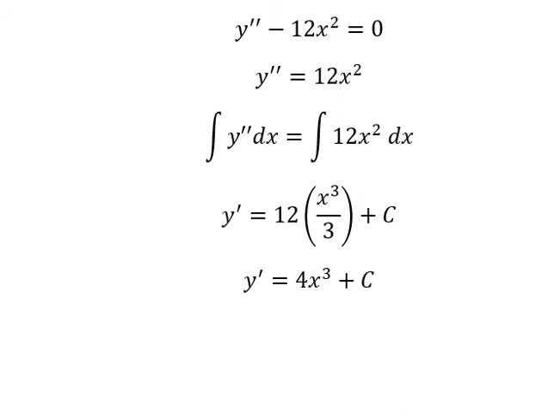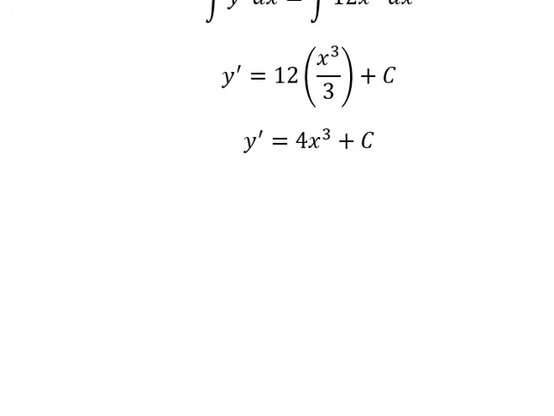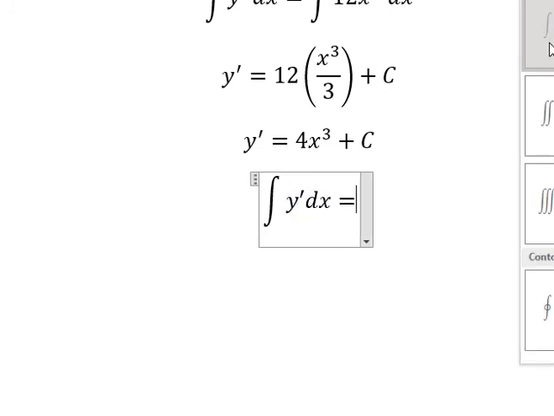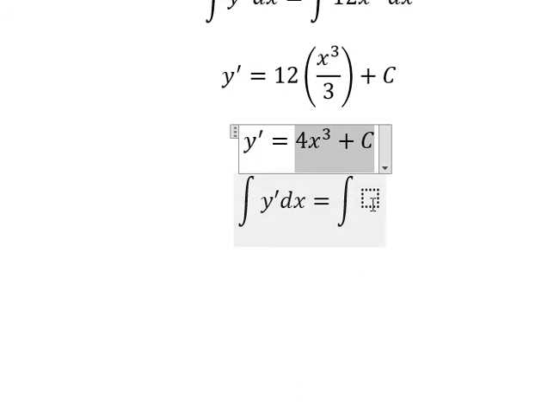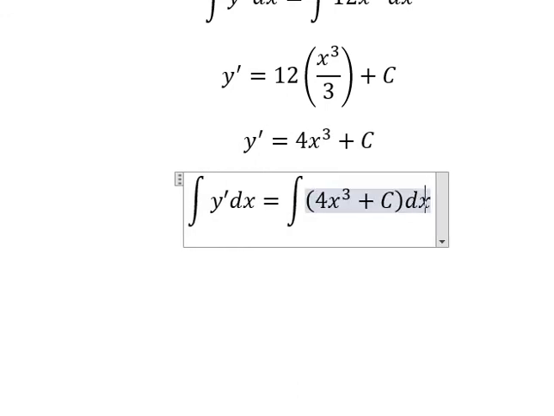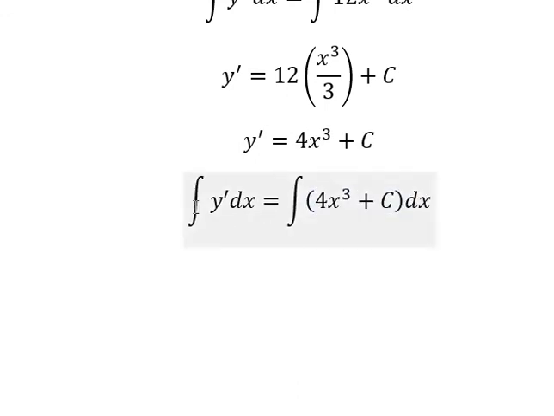Next, I will put the integration for both sides again. So the integration of this one, we have y.